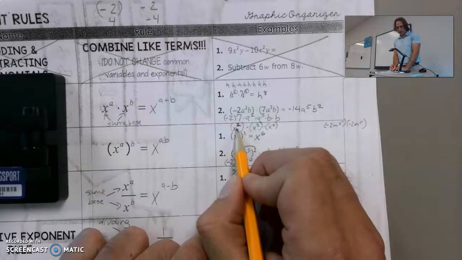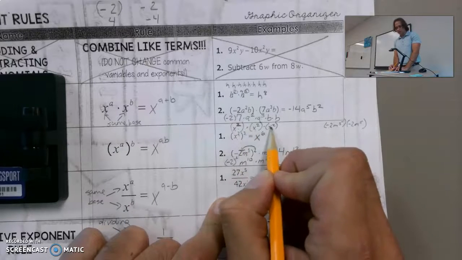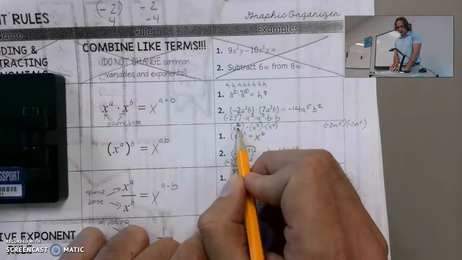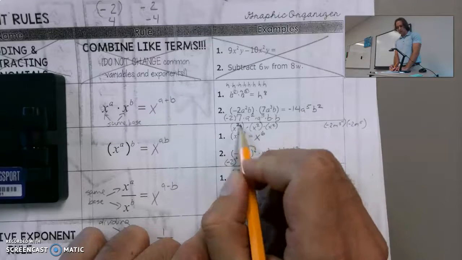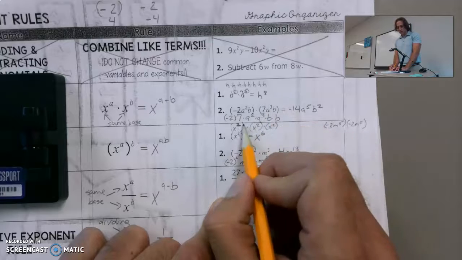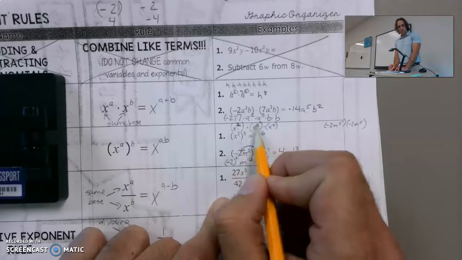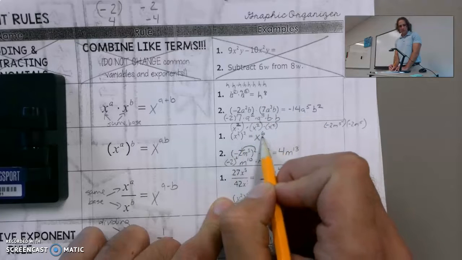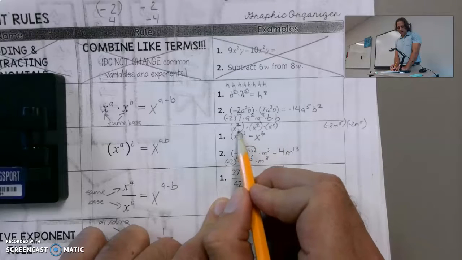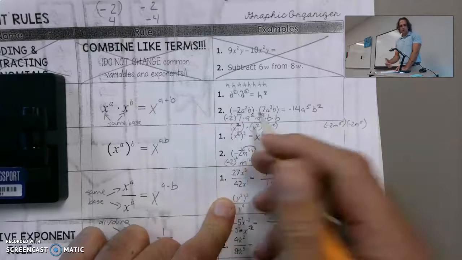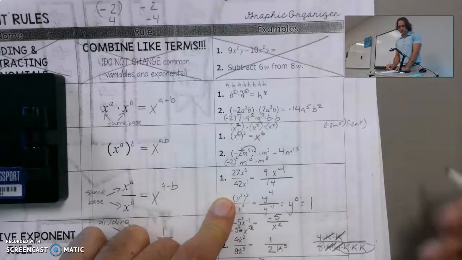That would be like x squared being multiplied times itself 3 times: x squared times x squared times x squared. And then if we bring that back to the product rule, that means I would just add up these exponents. 2 plus 2 plus 2 would be x to the sixth. So what's happening here is I have x to the second power 3 times, which gives me x to the sixth power. You multiply the exponents.